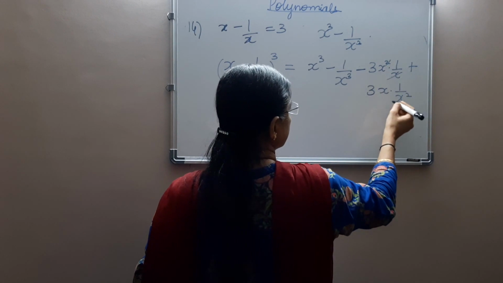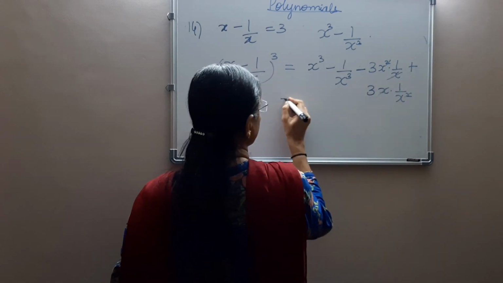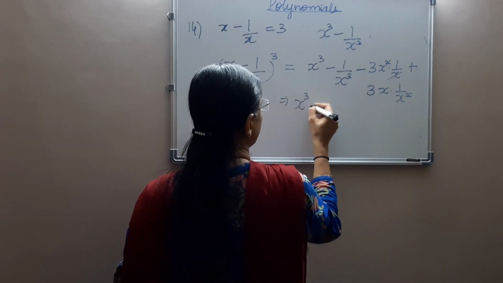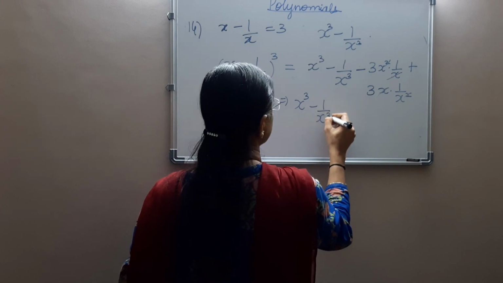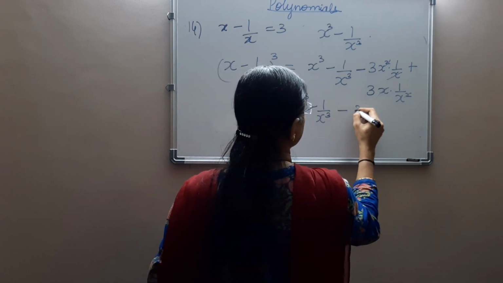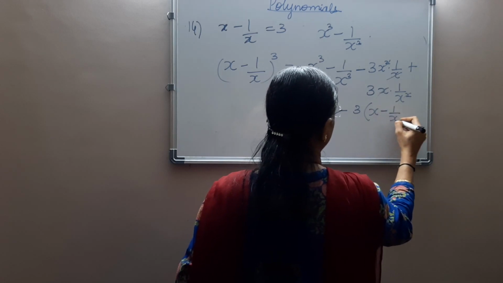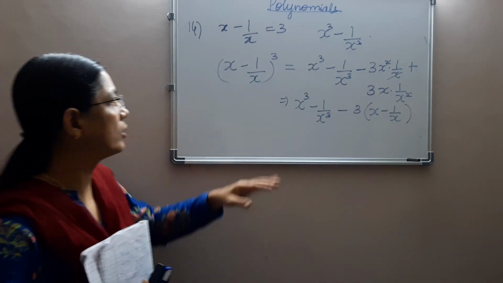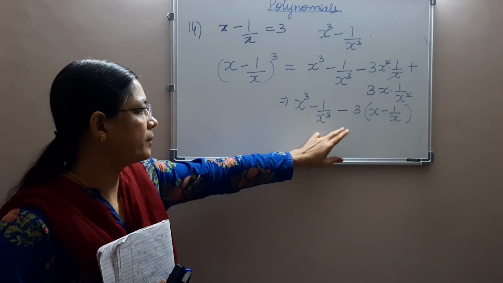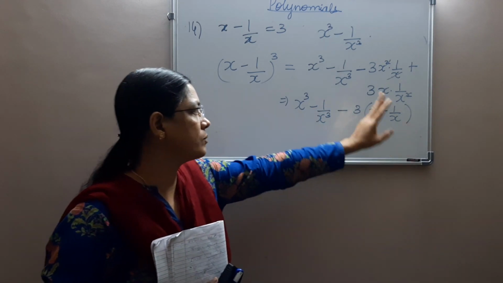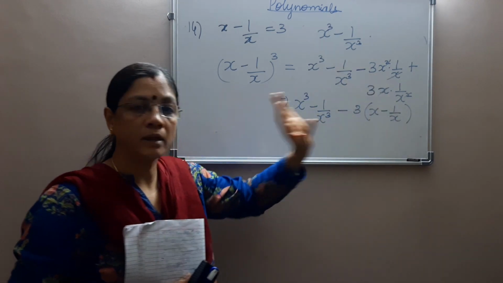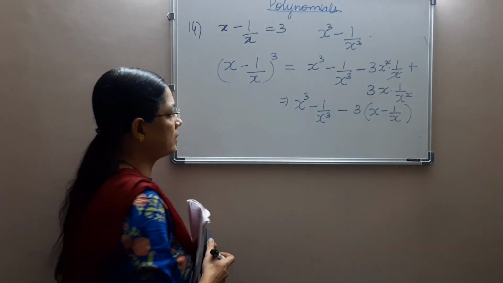So I cancel these two, I get x cube minus 1 by x cube minus 3 times (x minus 1 by x). See what do I get? x cube minus 1 by x cube minus 3 into (x minus 1 by x), because x and 1 by x are common, I take it outside, isn't it?